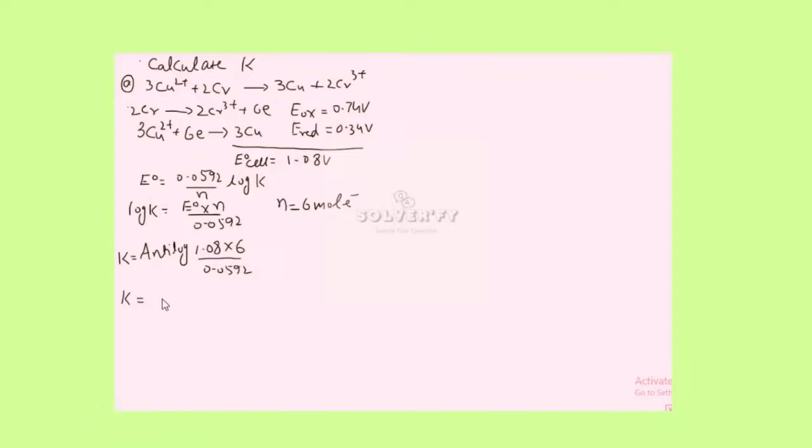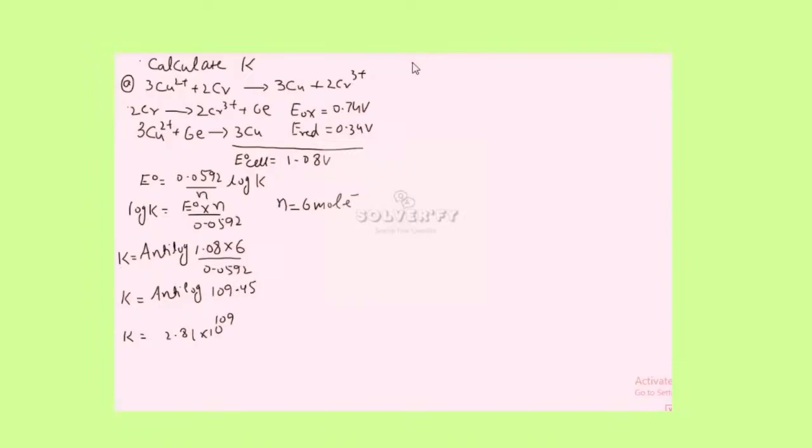K is equal to antilog, where the answer of the above multiplication and division is equal to 109.45. Taking the antilog, K for this reaction is equal to 2.81 into 10 raised power 109.